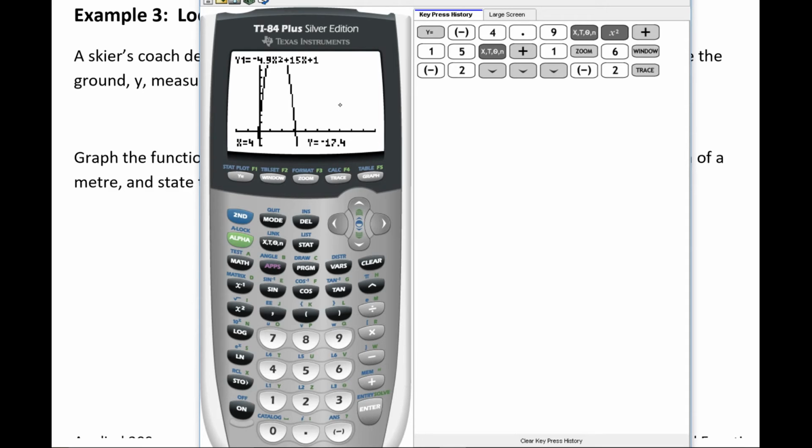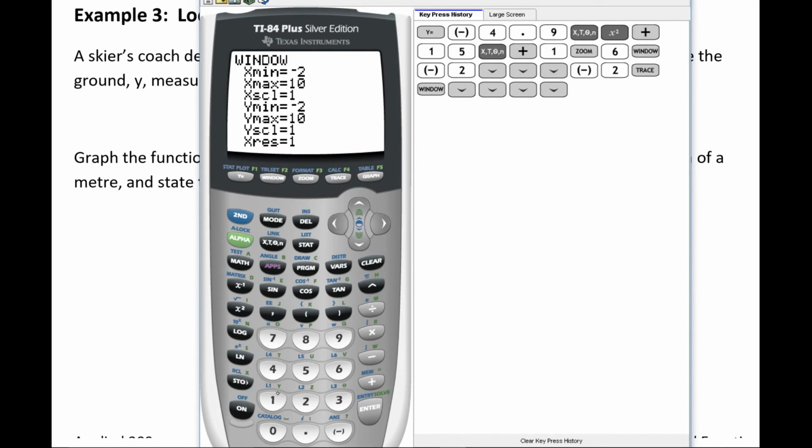So I can't really see that maximum value, okay? So let's change my window greater than y max of 10. Let's try 15. Okay, that works, and then I probably don't need my x max to be nearly as big as it is.